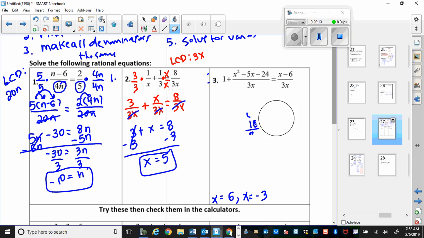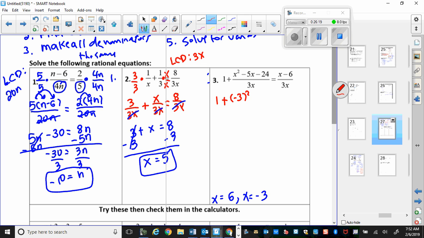What about negative 3? So I have 1 plus negative 3 squared minus 5 times negative 3 minus 24 over 3 times negative 3 equals negative 3 minus 6 over 3 times negative 3. So I get 1 plus whatever's up top, that's 9 plus 15 minus 24.